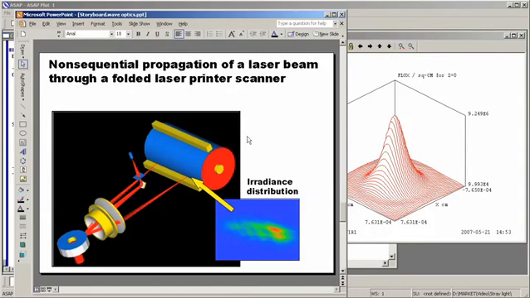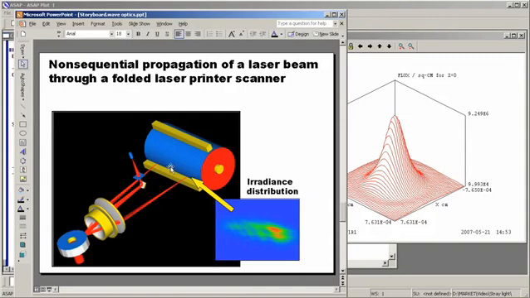Here's another, more complex example. This is a laser printing system, which represents the full non-sequential capabilities of ASAP for doing wave optics propagation. We have a diode laser source illuminating an aperture, reflecting from a fold mirror, going through a collimating lens off of a scan wheel, which then brings us back through that same collimating lens to a drum where we write information on the laser printer.